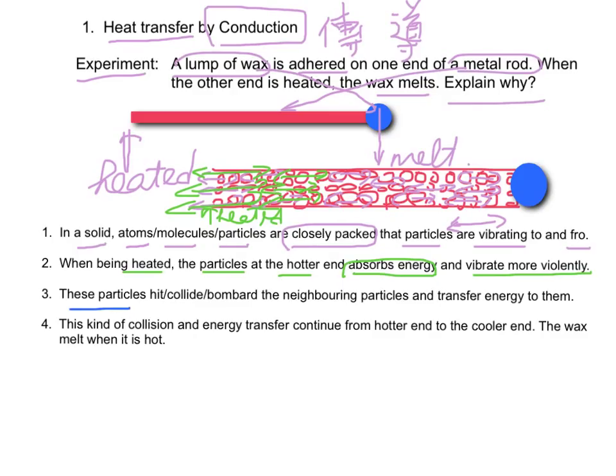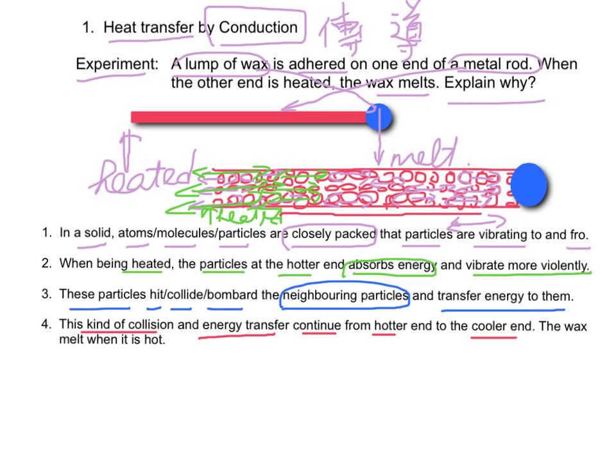These particles will collide with the neighboring particles and transfer energy to them. And this kind of collision and energy transfer will continue from the hotter end to the cooler end. Eventually, energy is transferred from the hotter part to the cooler part in a fixed direction.